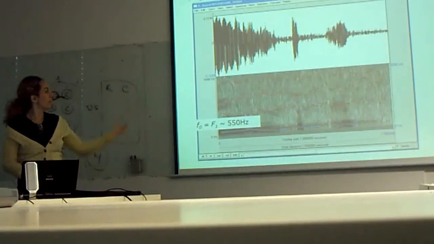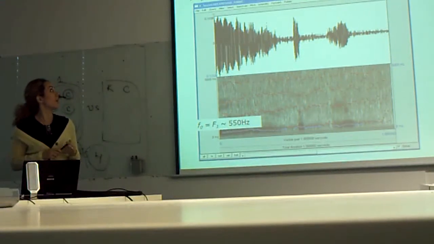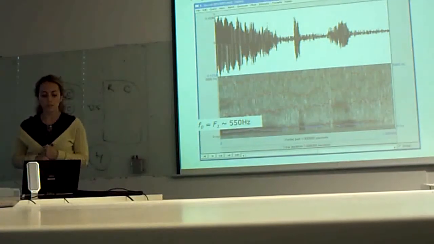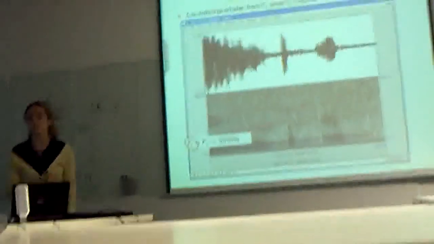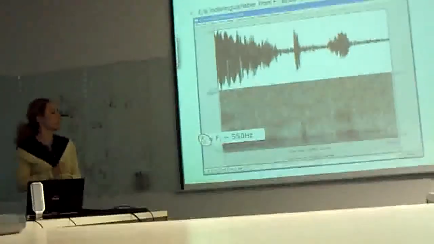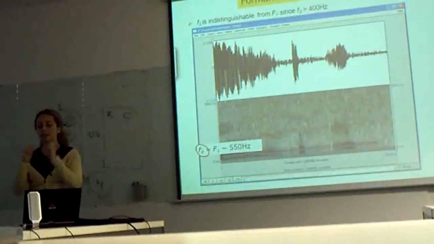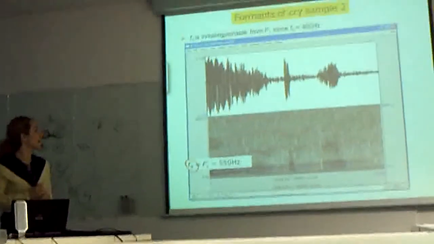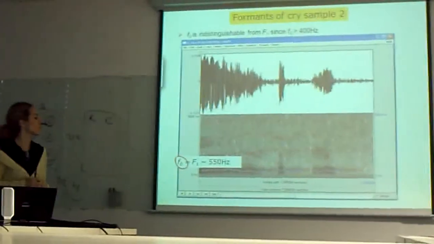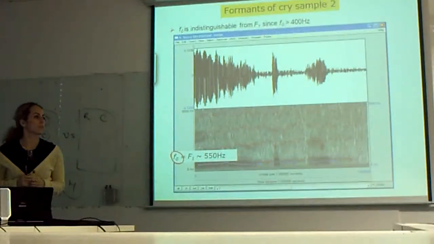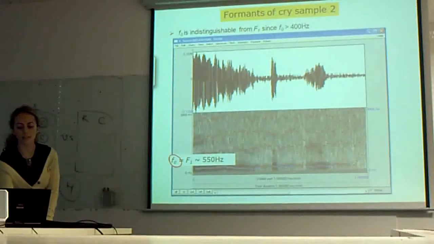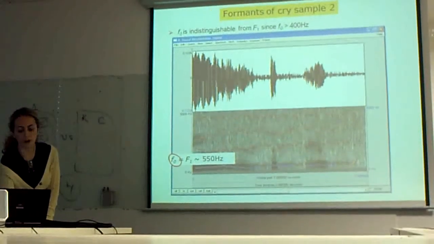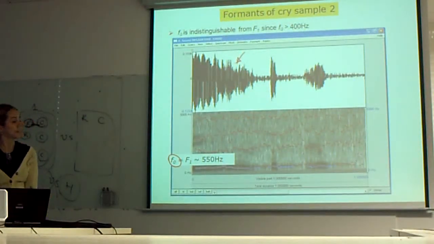This is one good example to show how difficult it is to distinguish between these two when the fundamental frequency is a bit higher than 400, for example. The first formant and the fundamental frequency are getting very close in this region. And as you can see, this is a very high pitch signal here as well.